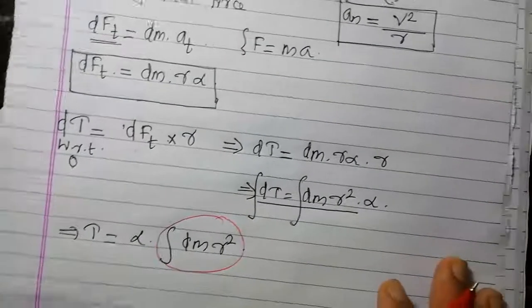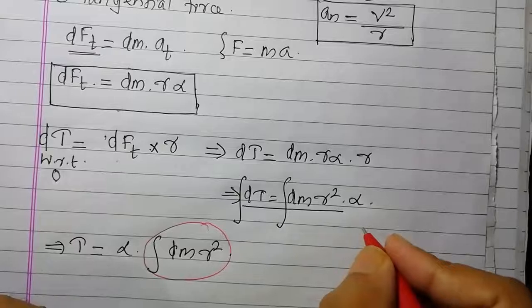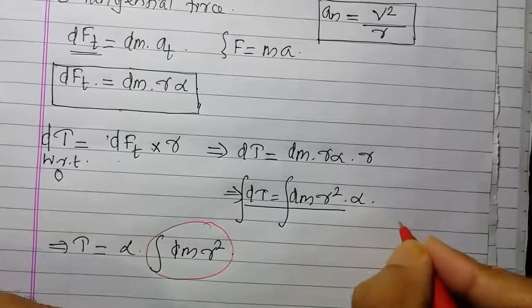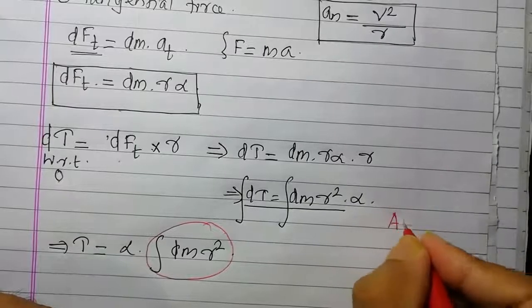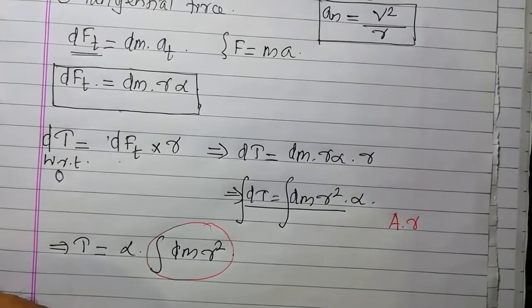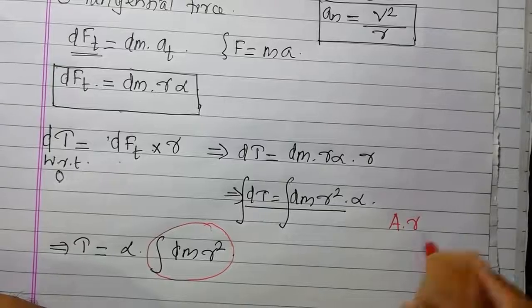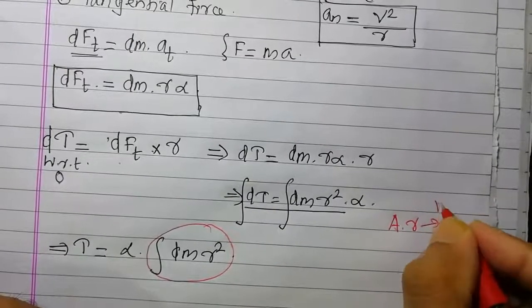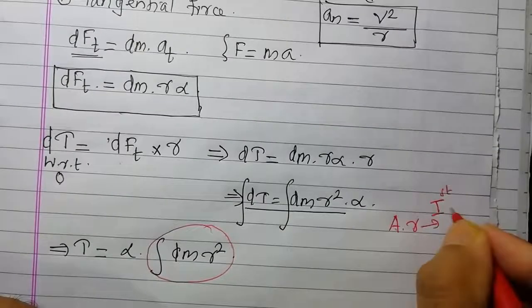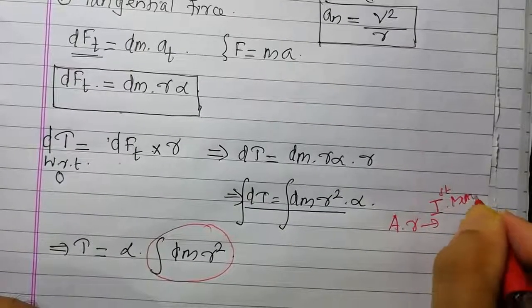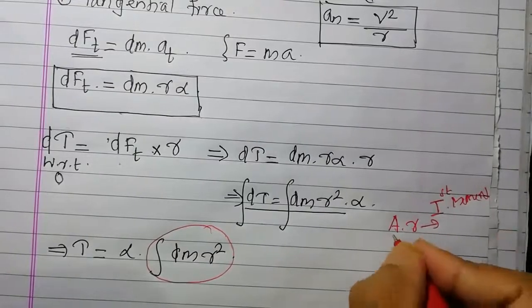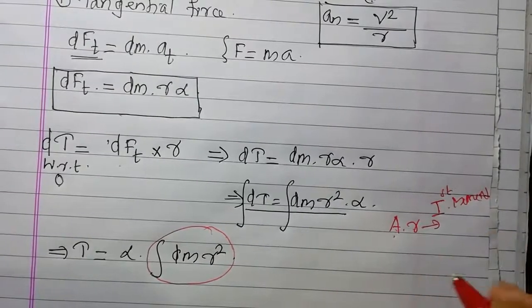We know that if we multiply any quantity, suppose mass or area, by the perpendicular distance with respect to a point, you will get the first moment of that quantity. If you are considering area, we will get the first moment of area. If you take mass, then we will get the first moment of mass.